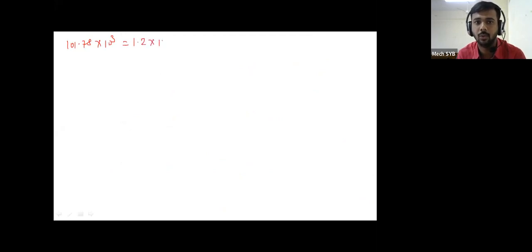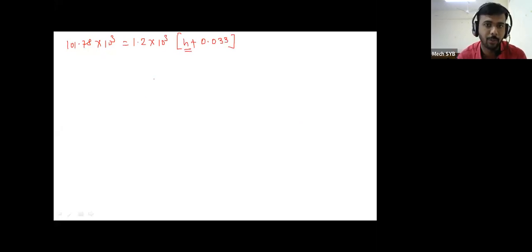Okay, now next term. 101.78 into 10 raised to 3 is equal to 1.2 into 10 raised to 3 in square bracket H plus 0.033. Our aim is to calculate the height.